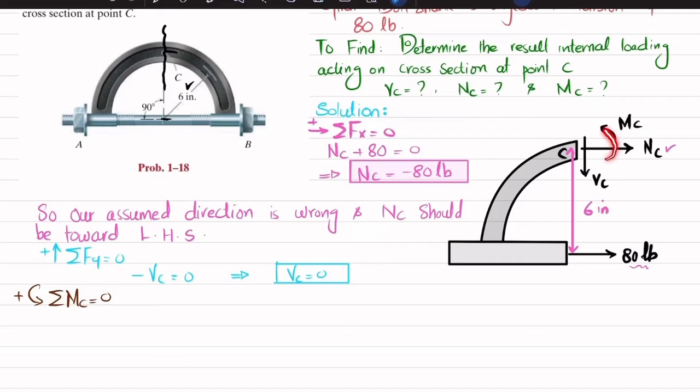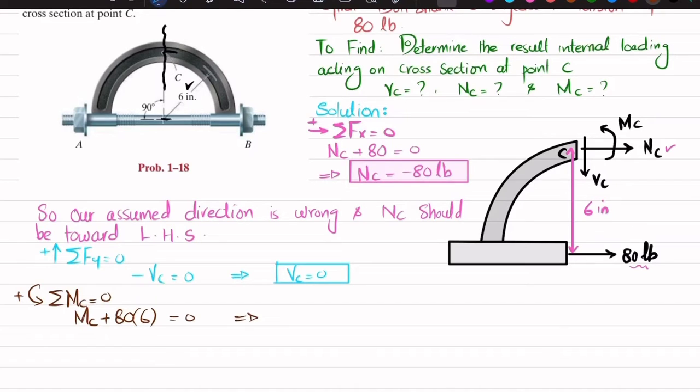We have a reaction moment which is MC, that is counterclockwise. So I will write MC, and the moment that is produced due to this 80 pound force into the perpendicular distance about point C, which is 6. So 80 into 6, and this is also producing counterclockwise moment, so it will be positive. So I will write plus 80 into 6 is equal to 0.